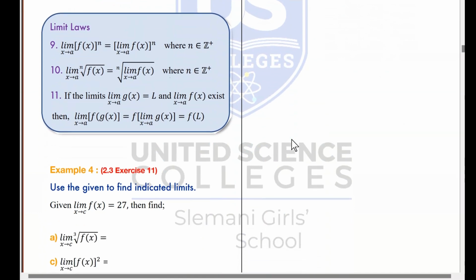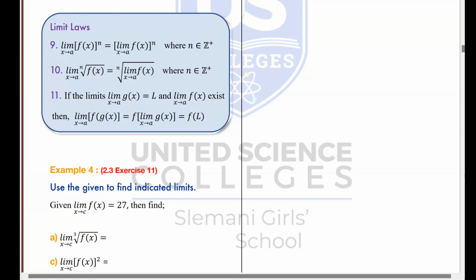It's like the second set. We may have exponential functions, square root functions. No matter what kind of function we have, we can apply these rules. So the limit as x approaches a of f of x to the power of n.